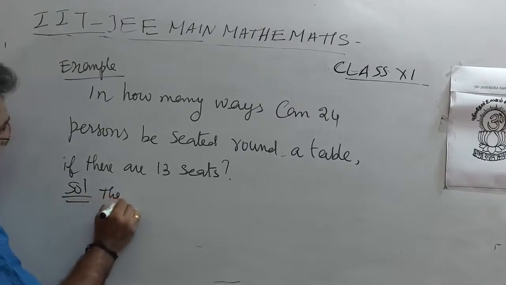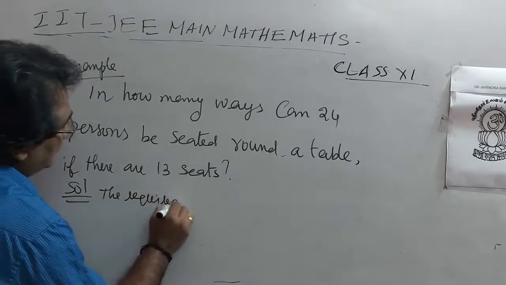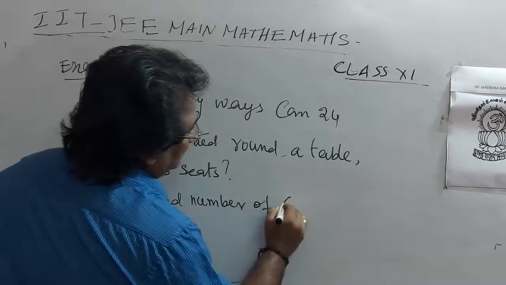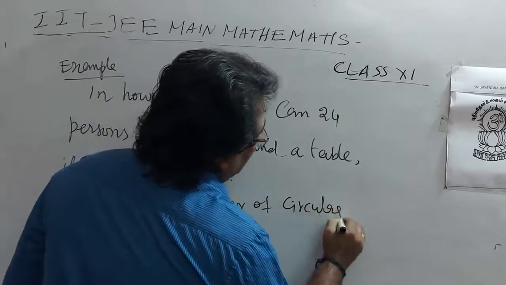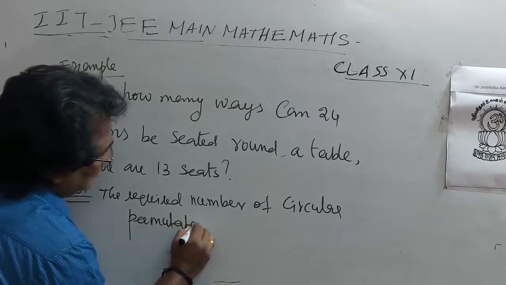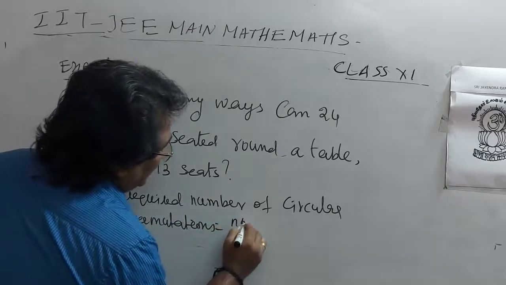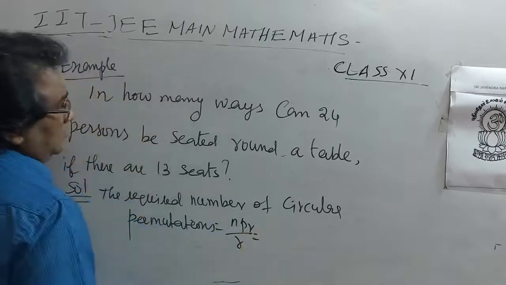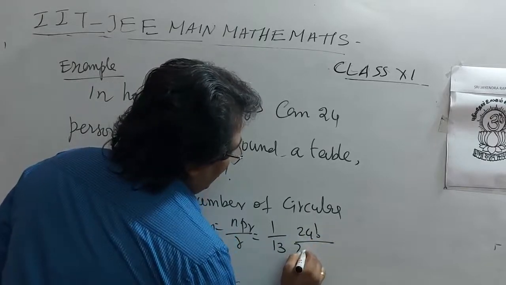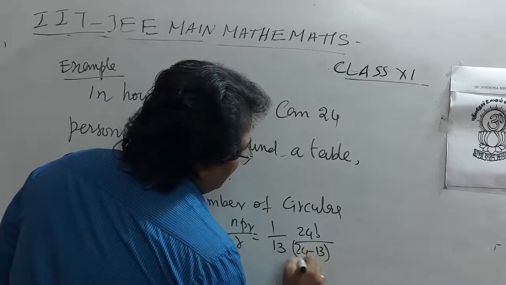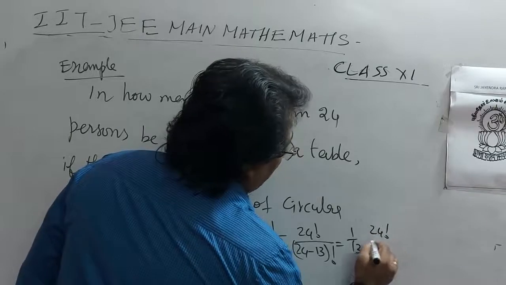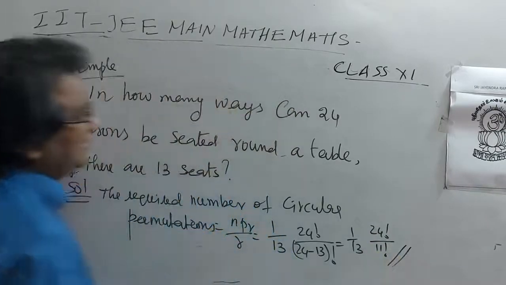Solution. The required number of circular permutations is nPr by r, here r takes only 13, so 24P13 by 13, that is 1 by 13 into 24 factorial by (24 minus 13) factorial, which is 24 factorial by 11 factorial.